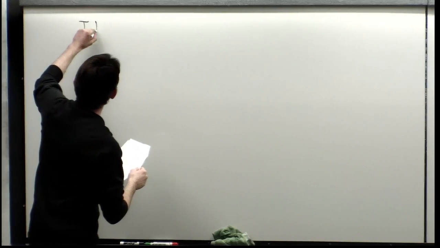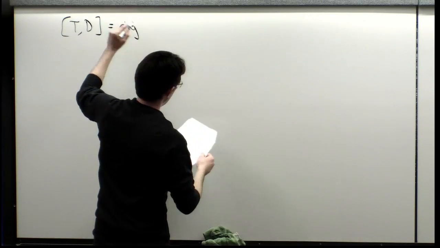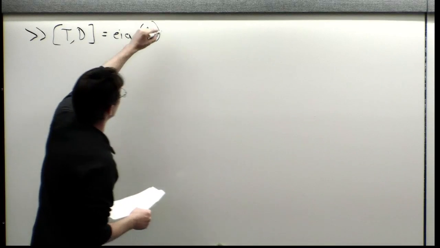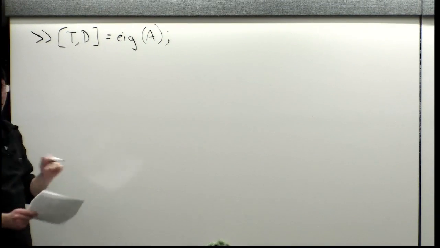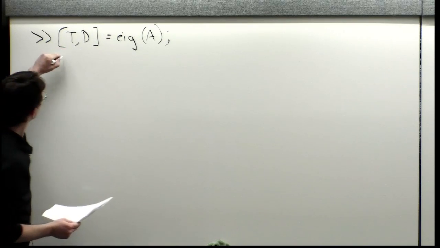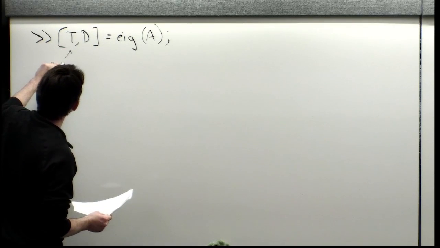MATLAB gives you this output [T, D] = eig(A). This is literally something I can type into MATLAB. T is a matrix of eigenvectors, so these are my eigenvectors.